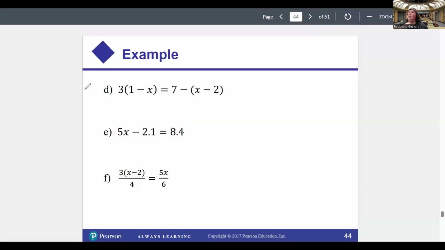Okay, so if we keep going with D now, we have 3 times (1 minus x) equals 7 minus (x minus 2). So we have to distribute. We end up with 3 minus 3x equals 7. And here, remember there's a negative 1 out front that's being distributed.